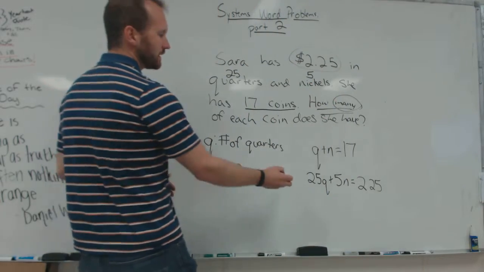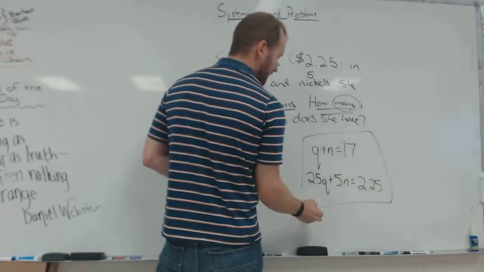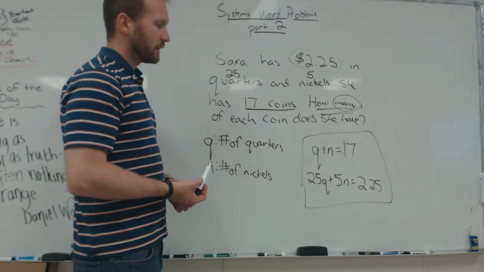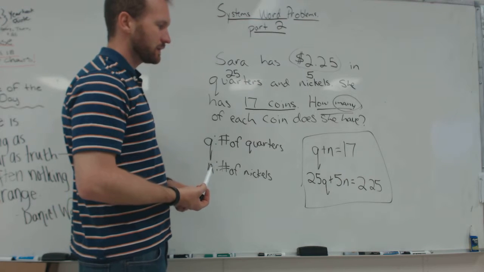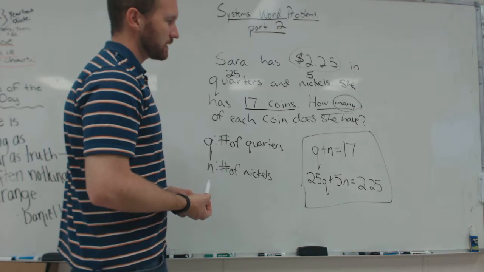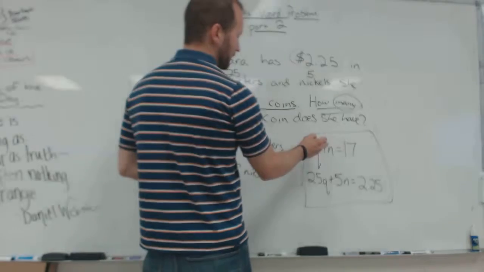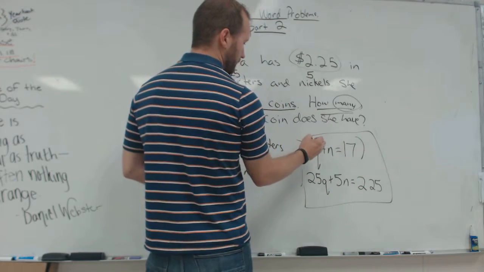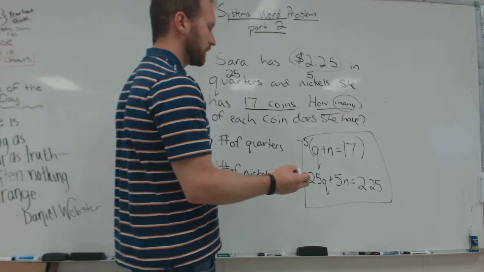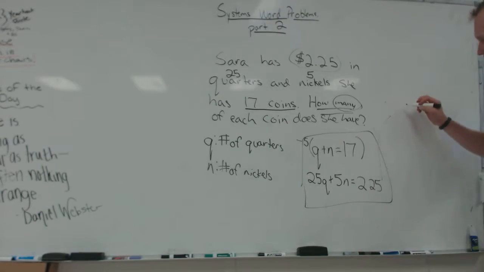Now I need to solve these. There's many ways to solve this system of equations. The way that I would solve this is I would multiply the top equation times -5. I'm going to rewrite this equation up here: 25q plus 5n equals 225.